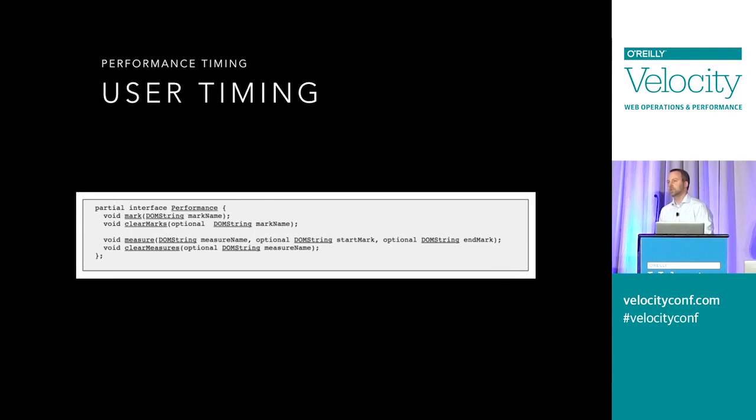All right, so that brings us to user timing, right? There's a lot that you can do with resource timing, but it's focused on objects in your page. But there are other things that you might be interested in that might involve objects that get downloaded, or it might not. So the idea with user timing was to create a more general purpose mechanism for putting markers in your page.